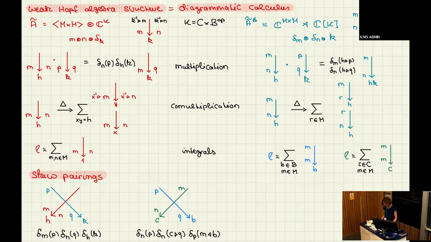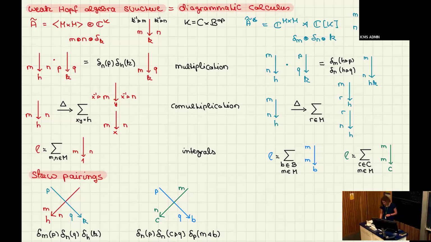And similarly in the other Hopf algebra, the dual, here we just multiply the labels at the tip of the arrow, and we impose that the label here must be the same as the one on the right here. So the multiplication is just matching of the labels in the regions and doing something very obvious with the tip of the arrow. And similarly for the co-multiplications, there's a similar procedure, and also the integrals we can write down nicely.